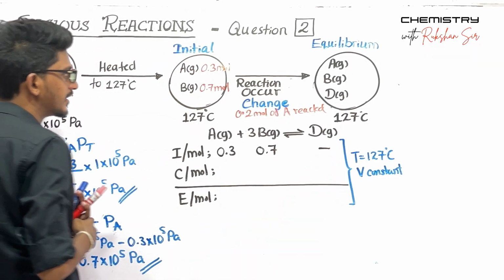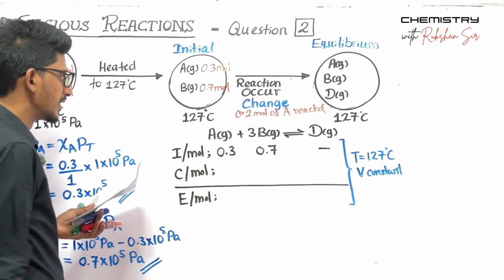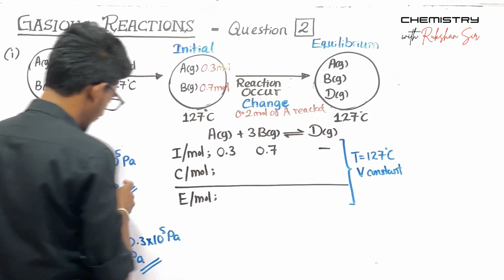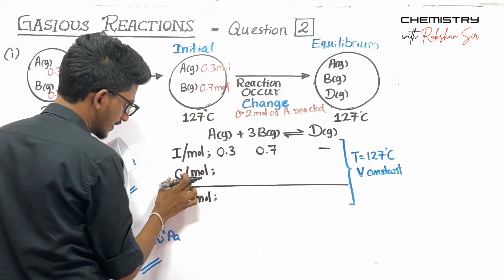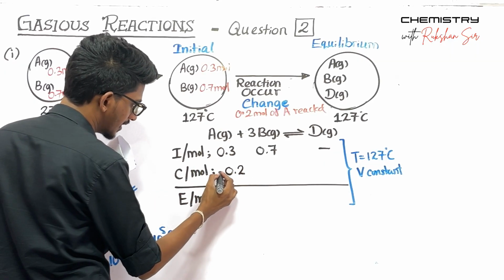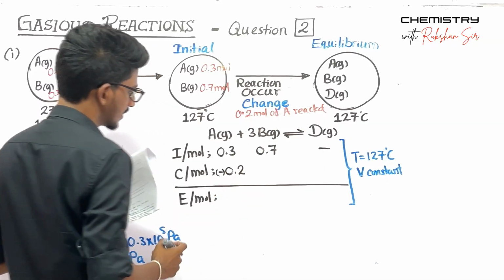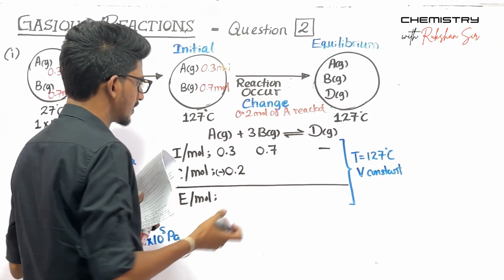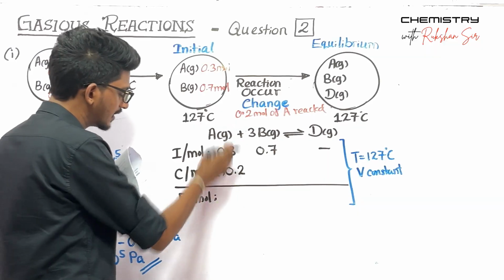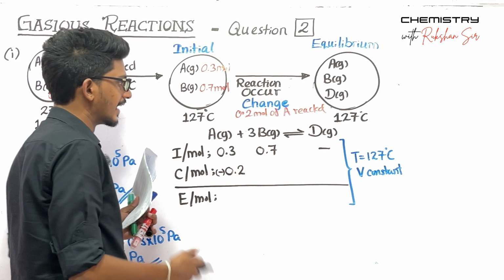So at the change state, when the reaction occurs, they are saying 0.2 moles of A reacted, so this is the change. 0.2 moles reacted. That means minus. Reacted, consumed from system, decreased from system. When something is reacting, that means consuming, that amount will decrease from the system. These are the data they have provided.